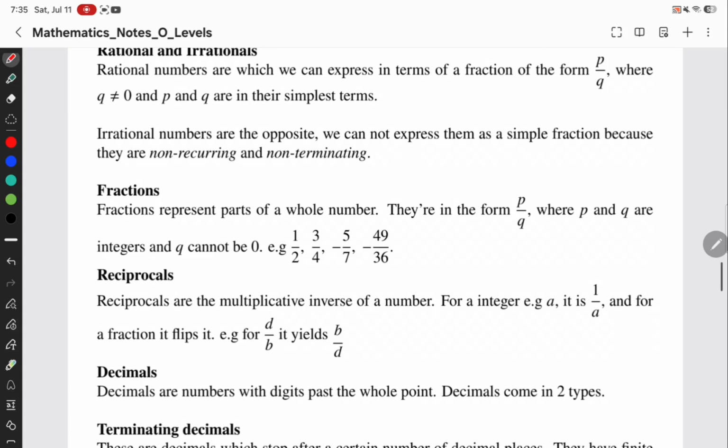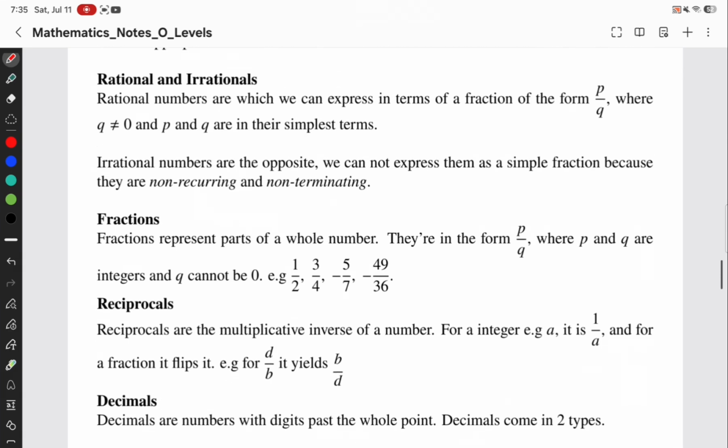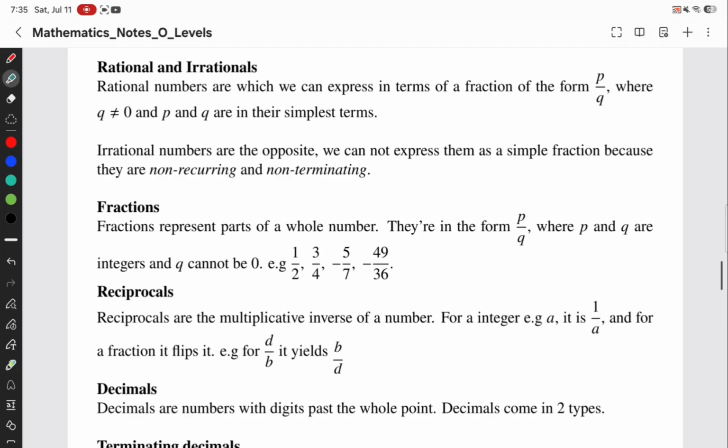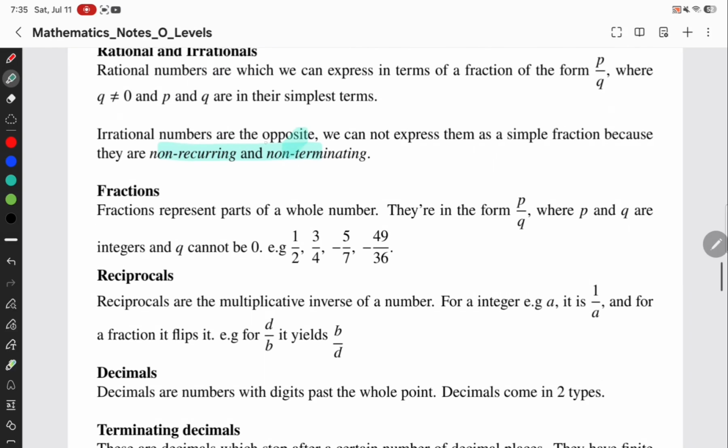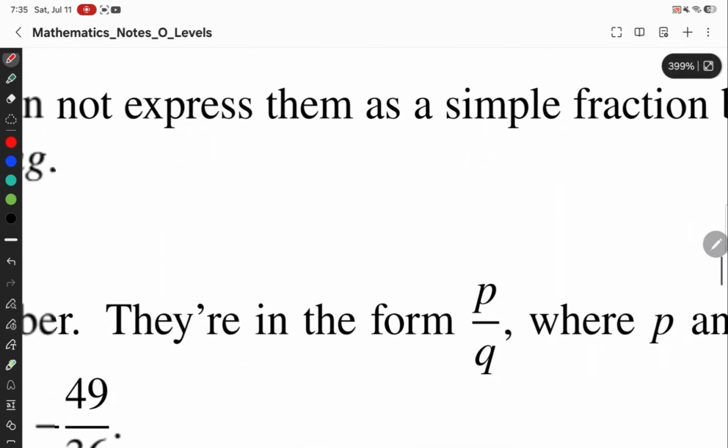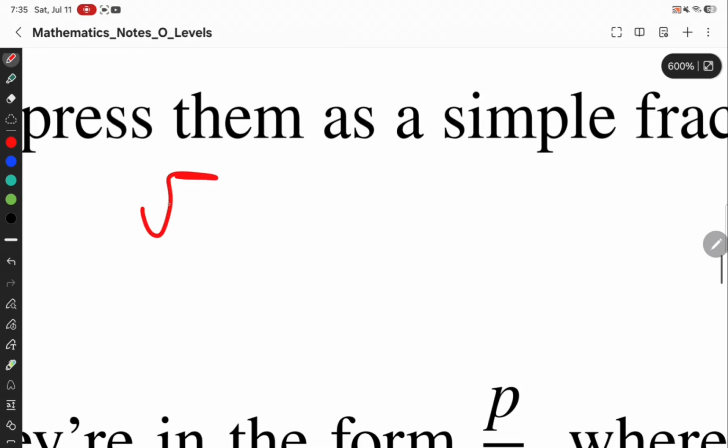Irrational numbers are the opposite. We cannot express them as a simple fraction because they are non-recurring and non-terminating. We will get to what these mean in a second, but for now you need to know we cannot express them as p over q. Take the square root of 2, the famous example.